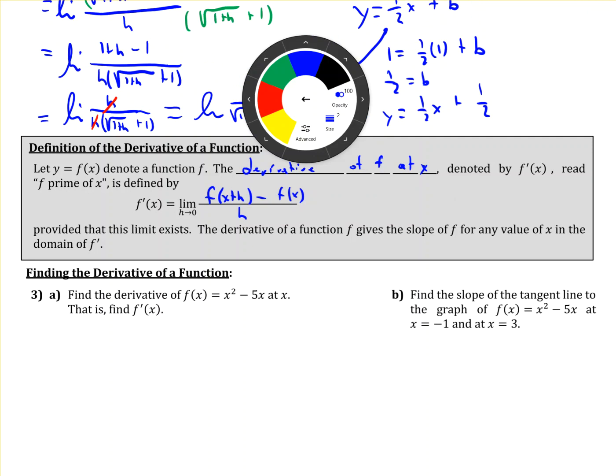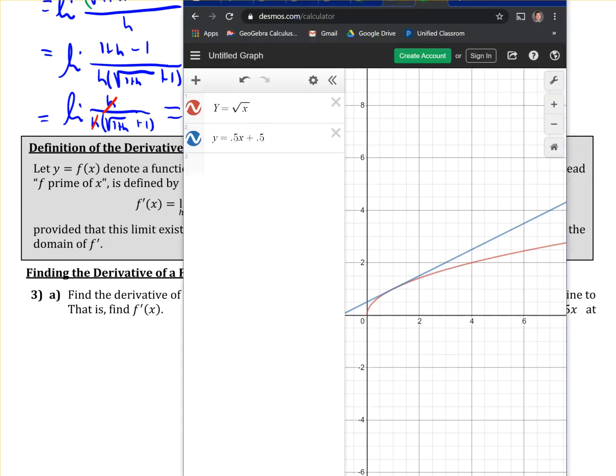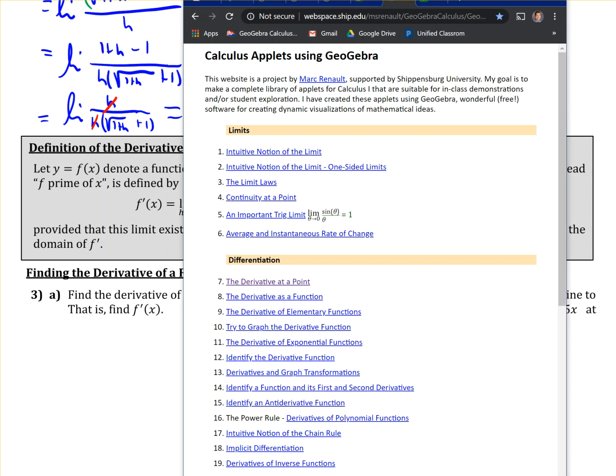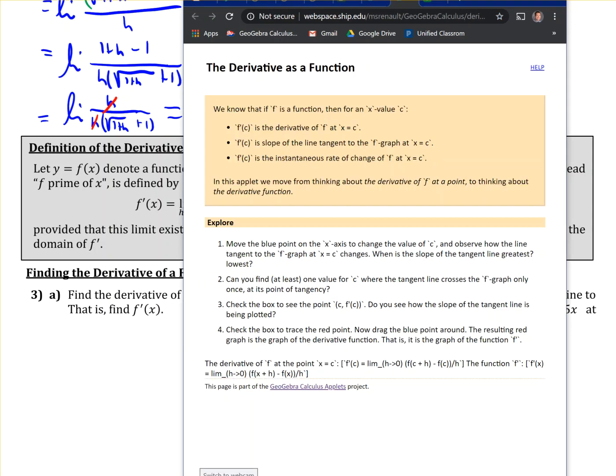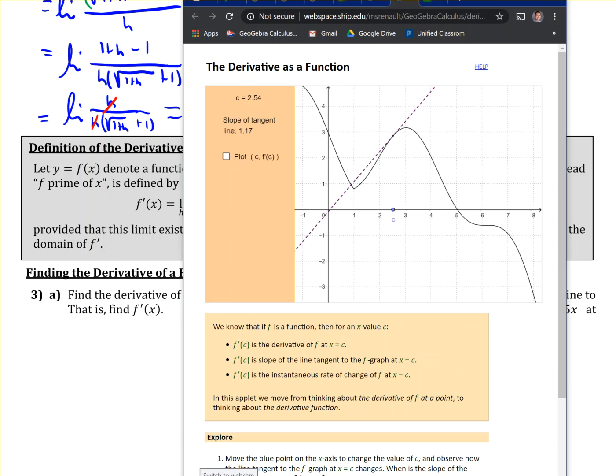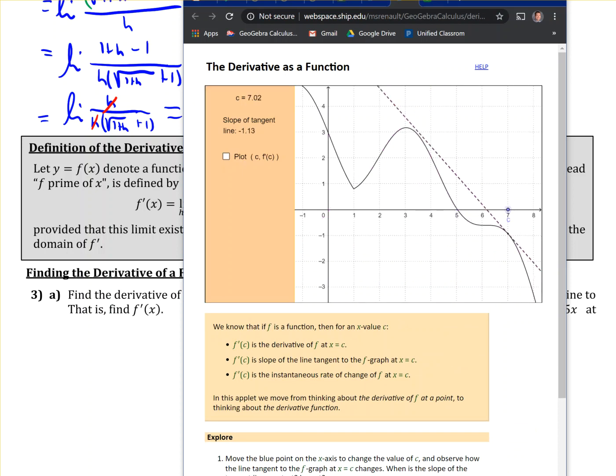Let's go back to my website that I looked at before. All right, so let's look at the derivative as a function. Now we've got the same graph that I had before. As I slide C, notice my tangent line's moving around.